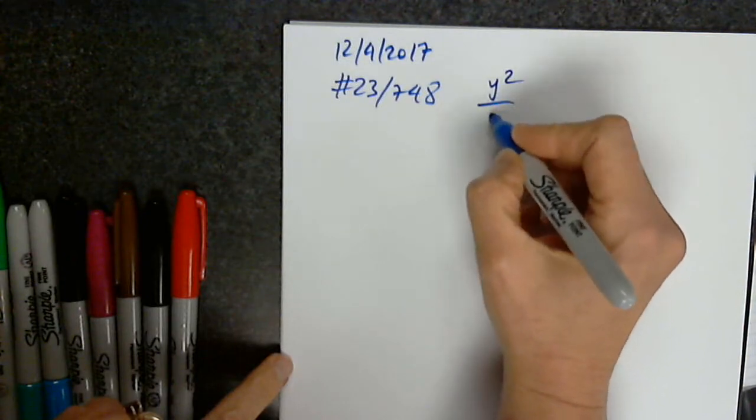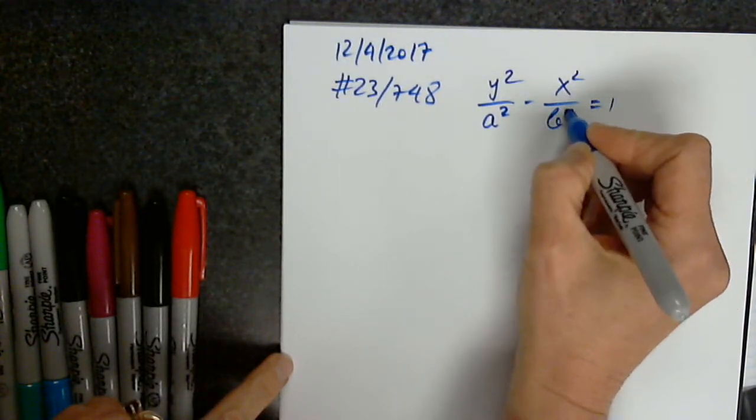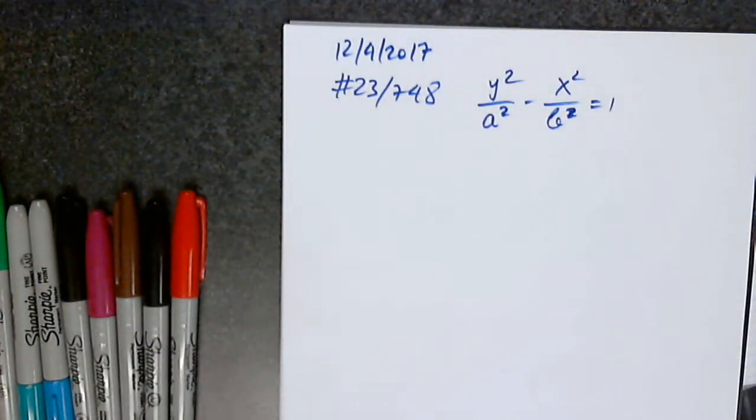So let's see what we are asked to do. Find the equation of the hyperbola whose graph is shown. I know a hyperbola of this type is y squared over a squared minus x squared over b squared equals 1. The one on the x-axis will be x squared over a squared minus y squared over b squared.